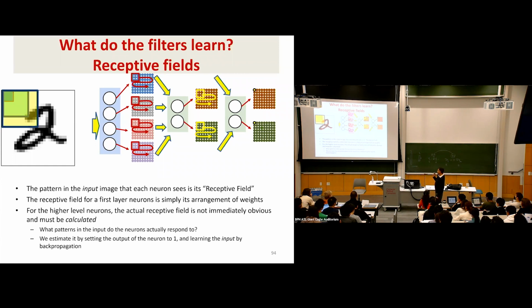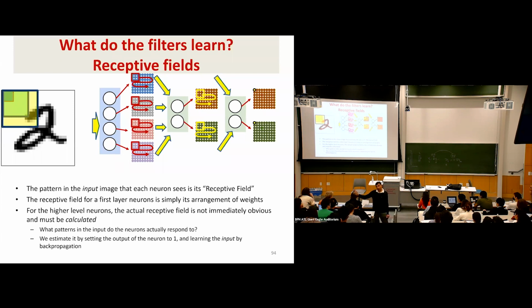Anyway, so what do these filters actually learn? You know that the filters in the lowest layers look for patterns which look like the arrangement of weights. But then as you go up, the next layer filter is looking for various patterns over the lower layer filter outputs. So it's hard to predict what they look like.